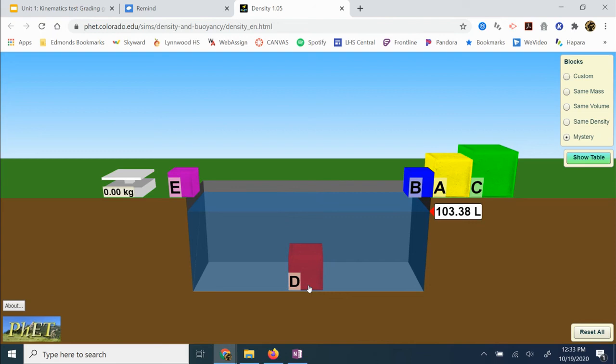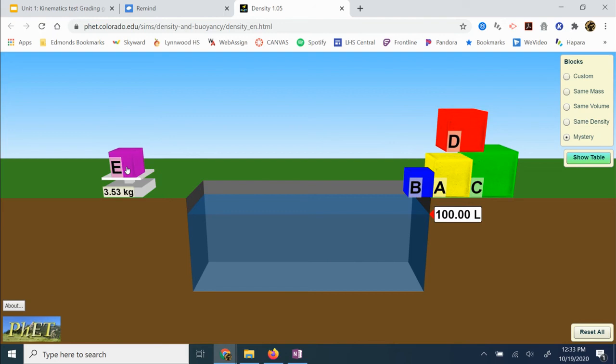So, right, 3.38. And then lastly, E, mass of E is 3.53. And it has a volume of 1.